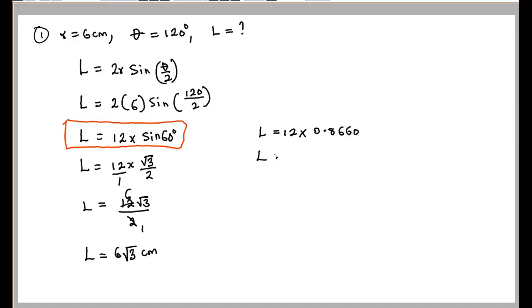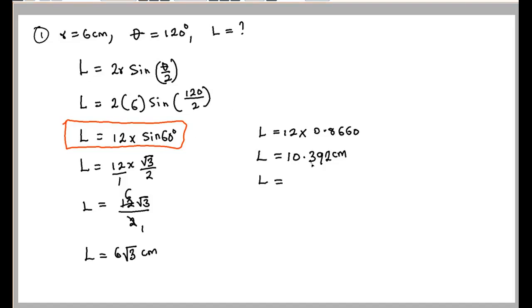Then L is now equal to 12 multiplied by 0.8660, you will get 10.392 centimeters, which I can approximate to 1 or 2 decimal places as you wish. Let me approximate to 2 decimal places.